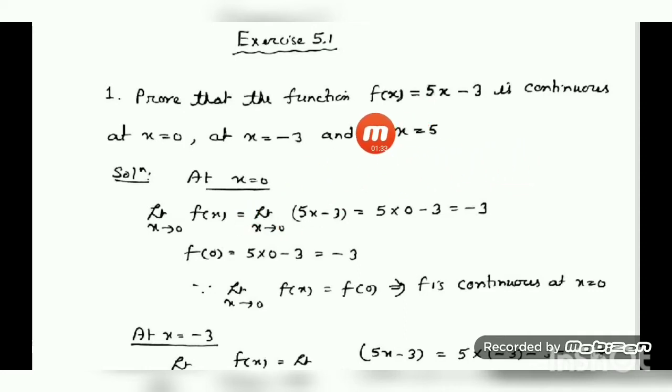So in this case you see the function f(x) is defined by 5x minus 3 for all real numbers. That means whether you take x tends to 0 plus or x tends to 0 minus, for slightly greater than 0 and for slightly less than 0 and equal to 0, in all the cases the function is defined only by one way. So it is sufficient to do here only limit x tends to 0. No need to separately do left hand limit and right hand limit.